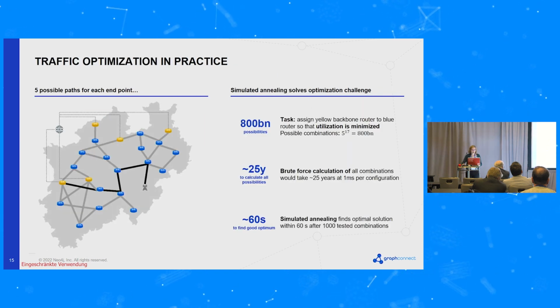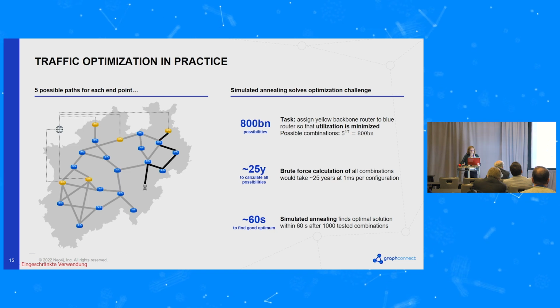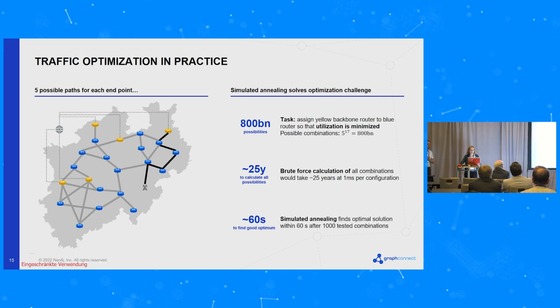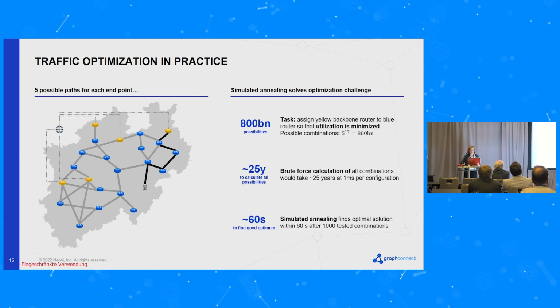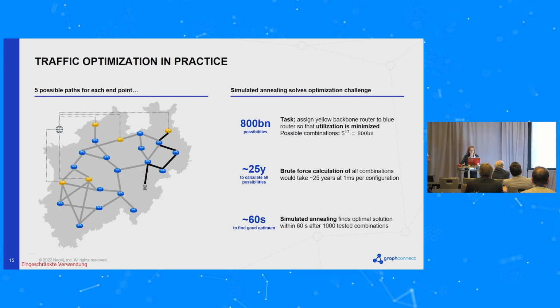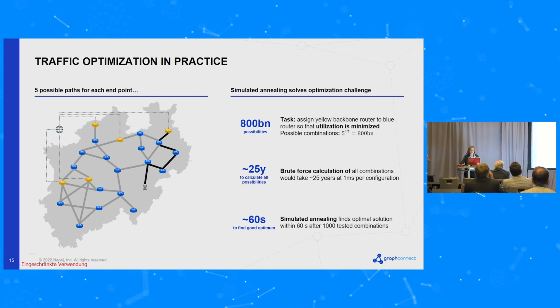So we have a problem where there are many options for each router. Each one can take 5 different paths, because each of these blue routers, which are access routers, has to find one of the yellow ones, the aggregation routers. So you have many combinations. It's 800 billion.